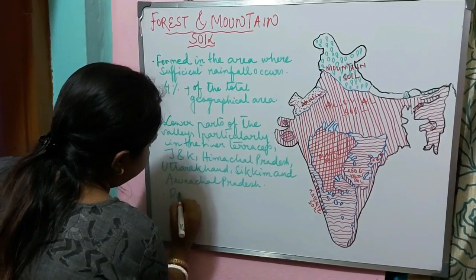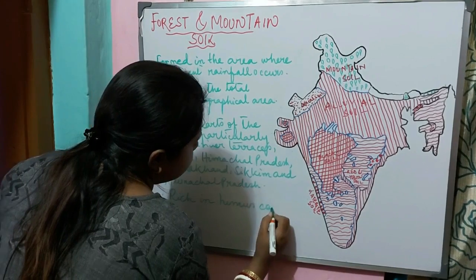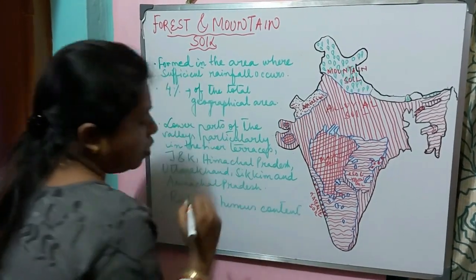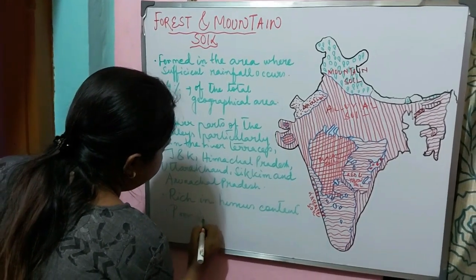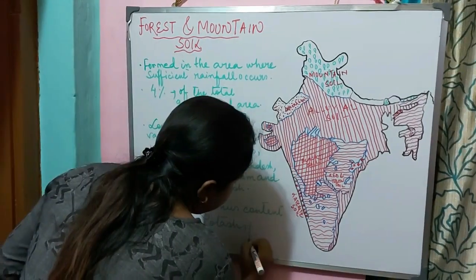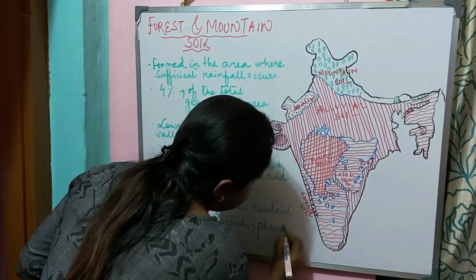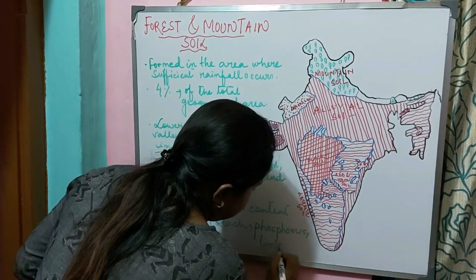Now they are rich in humus content. Then what are they poor in? They are poor in potash, phosphorus and lime.